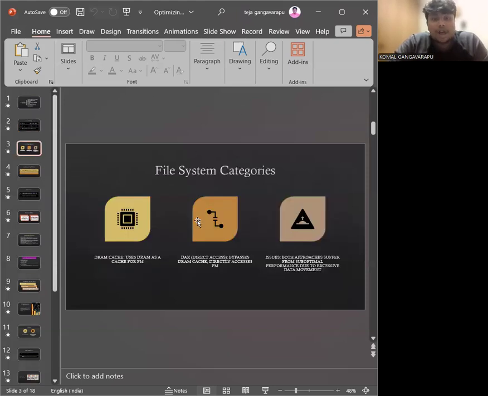File system categories. This slide categorizes the two primary approaches to leveraging the heterogeneous memory in the file system: designs using DRAM as a cache for persistent memory, and designs employing direct access to bypass DRAM and directly access the persistent memory.